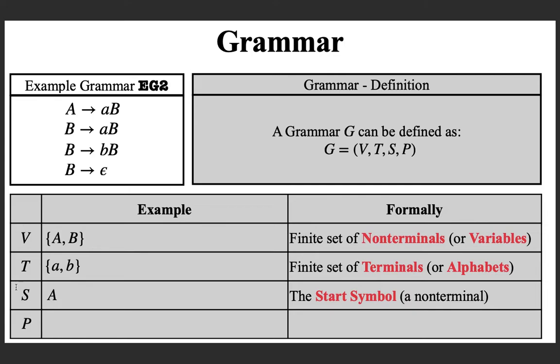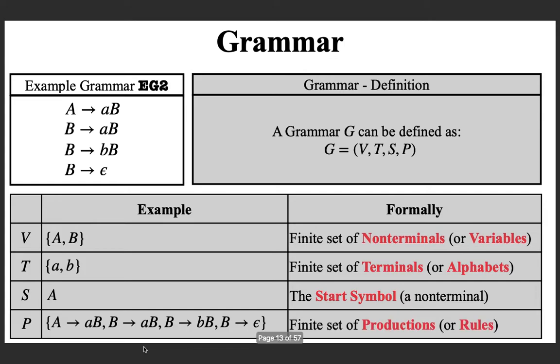And the last component P, in this case, is the set of 4 productions or rules. Formally it is a finite set of productions or rules. Each rule or production is of the form a variable and its definition, meaning in the derivation process the variable can be replaced with this definition. I hope you remember how we did it. So, this is how one can formally define a grammar.